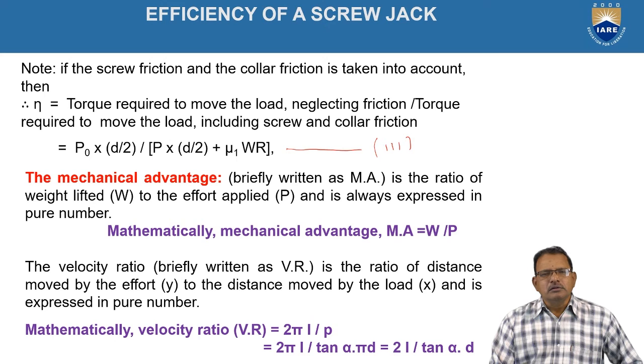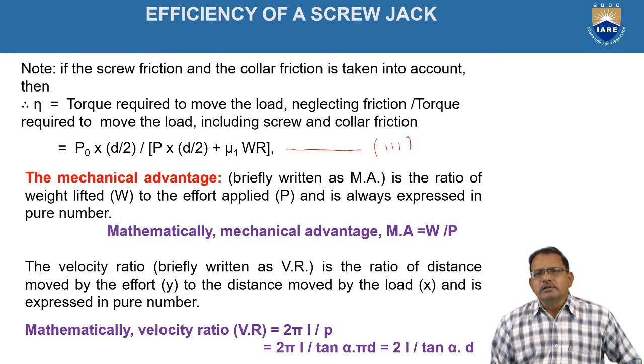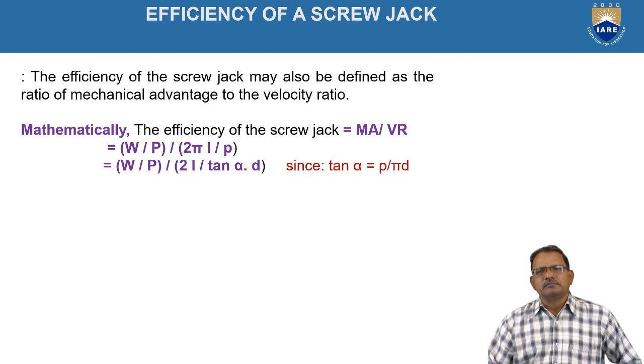It is also equal to 2 pi L divided by the product of tan alpha into pi d, because we are having tan alpha is equal to p by pi d. On simplification, we get velocity ratio is equal to 2L divided by tan alpha into d, where d stands for the diameter of the screw.